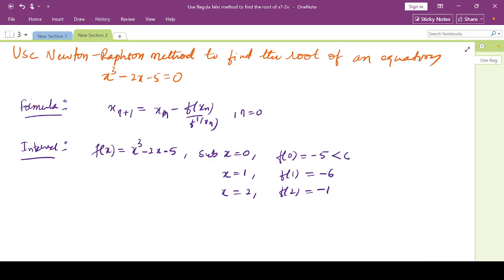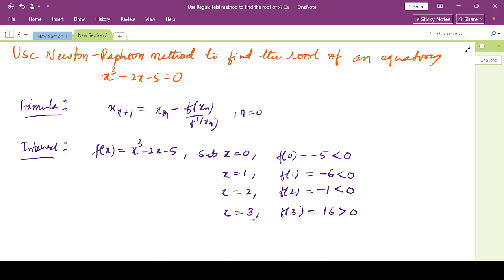Remember, these are all negative, less than 0. Substituting x equal to 3, f of 3 is 27 minus 6 minus 5, so you will get 16, which is greater than 0.